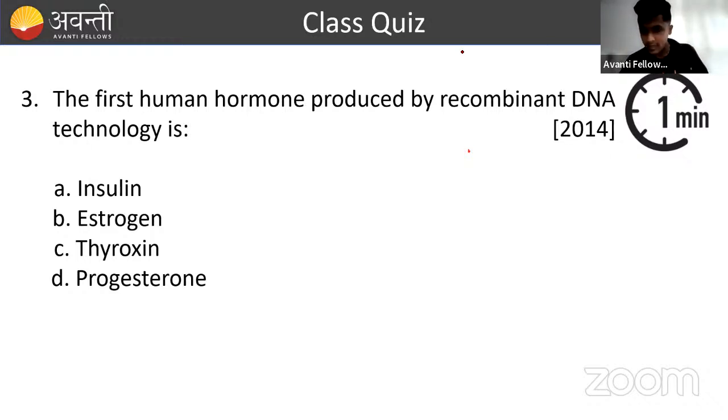Some of the questions that come in the examination are factual based, and this cannot be changed. It has to be based on your practice and memory. So your answer was right. The first hormone that was produced by recombinant DNA technology is insulin. It's very popular because we also have a topic on how to produce insulin by recombinant DNA technology.